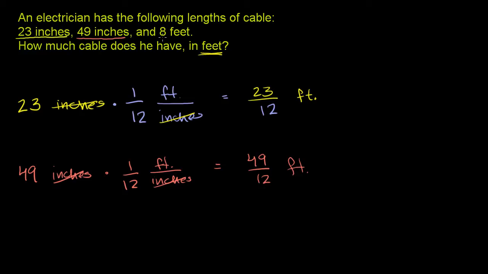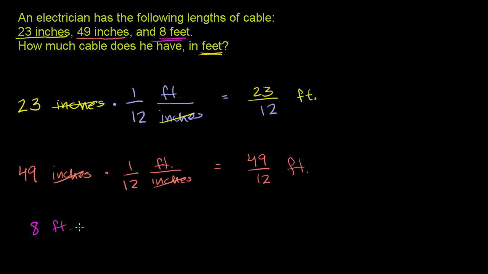And then we have this last cable right here, this 8-foot cable. If we want, we can convert that into an improper fraction. At this point, there are 2 ways we could do it. Everything is in feet, and here we have improper fractions. We could convert these into mixed numbers and then add them up, or we convert this into an improper fraction that has the same denominator and then add them up.